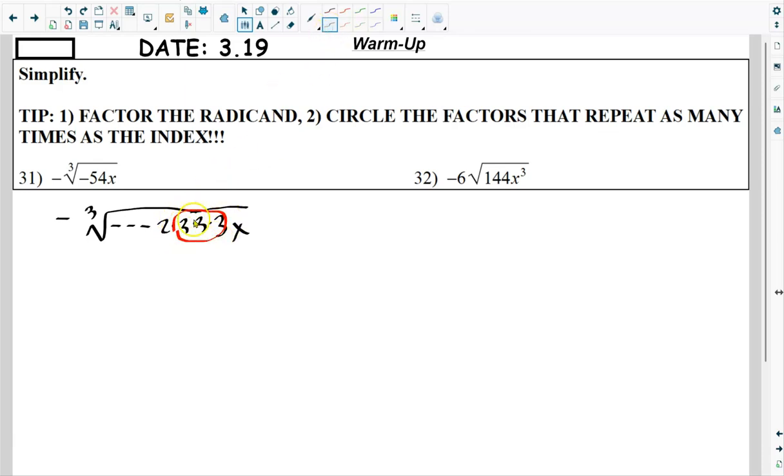I found it. Now, if you were following with that little bit of a lesson I just gave, this would be the negative cubed times a 2 times a 3 3 times, or 3 cubed times x.